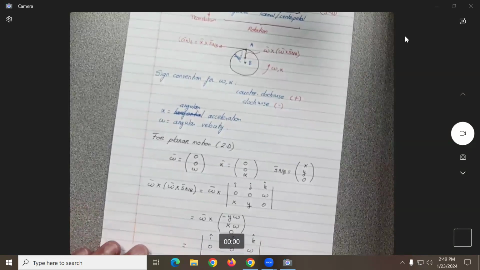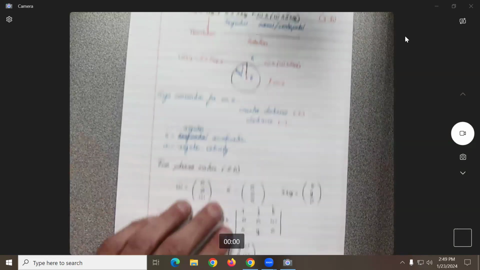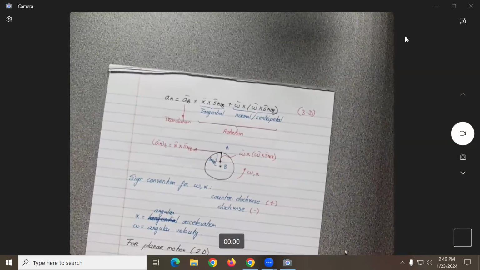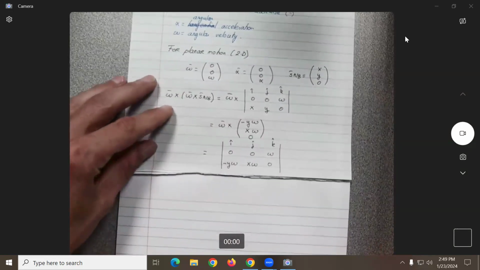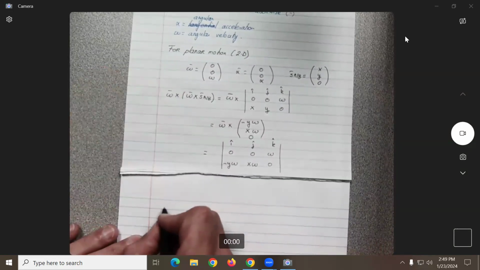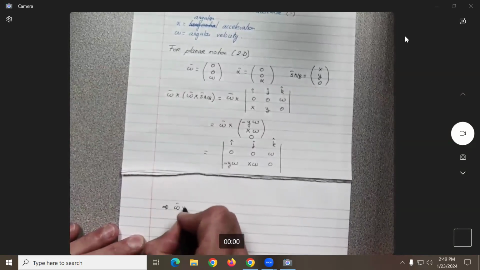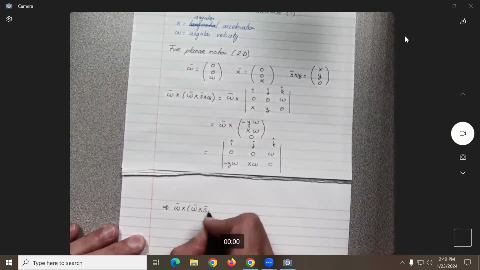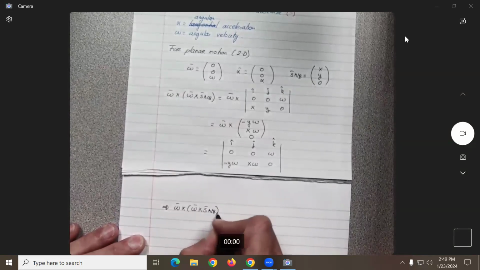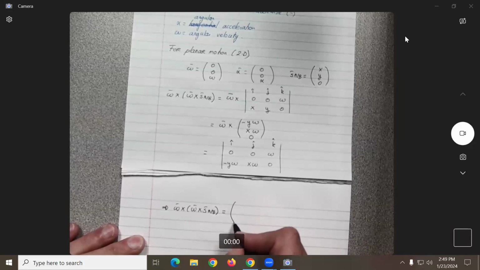Okay, so now if I do this one, this is going to be equal to what? It should be page 1, 2, 3. So this is going to tell us that omega cross S of A with respect to B is equal to what? I do the same thing again.